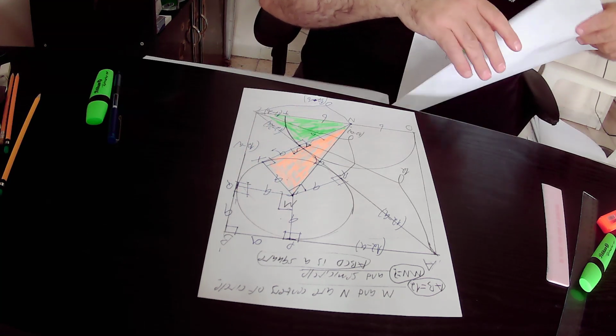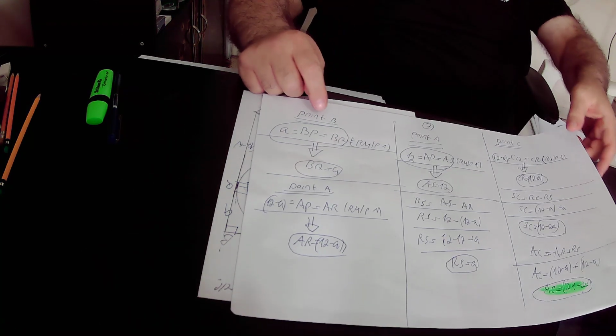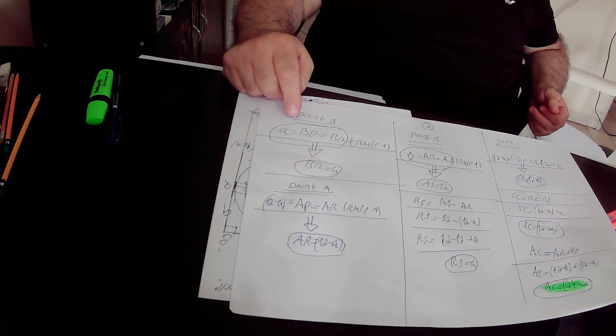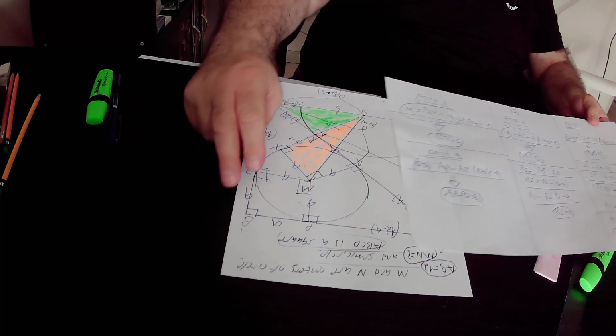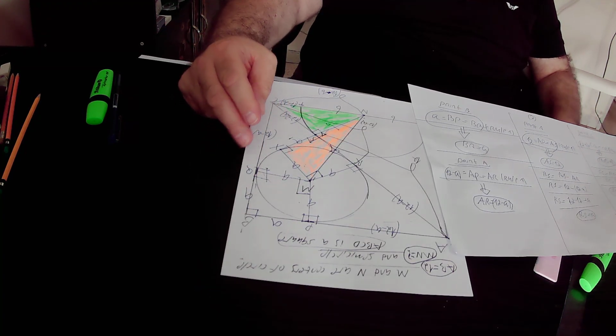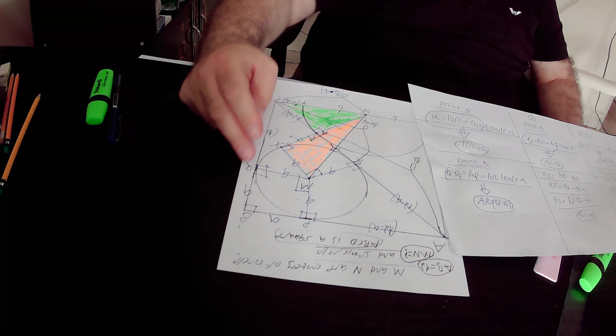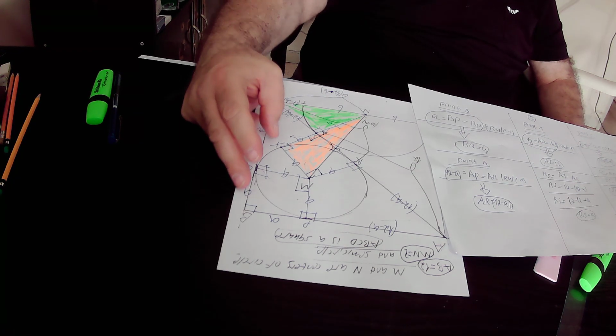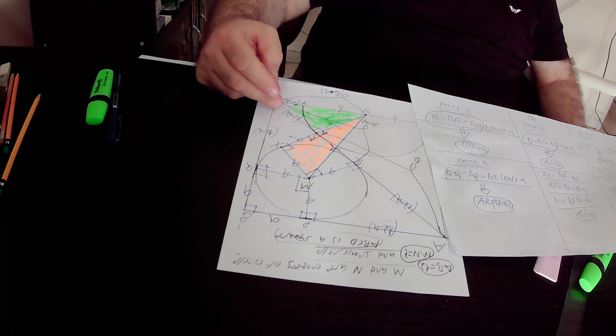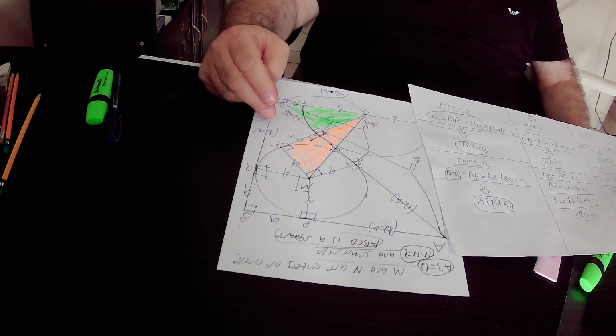According to rule number 1, BP equals BQ, but according to our definition, BP equals A. So we derive that BQ is also equal to A. Because BC minus BQ equals QC, we get that QC equals BC, that is 12, minus BQ, that is A. So in conclusion, we found out that QC equals 12 minus A. Okay?